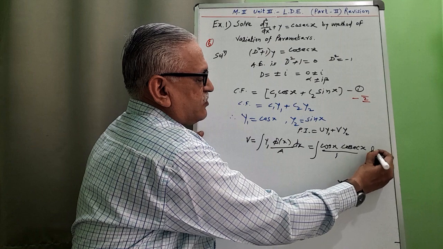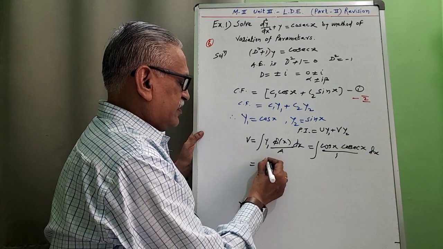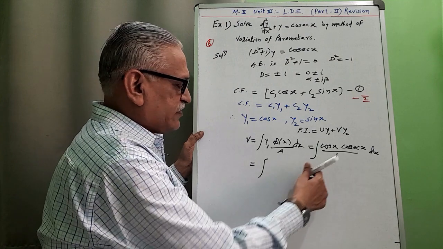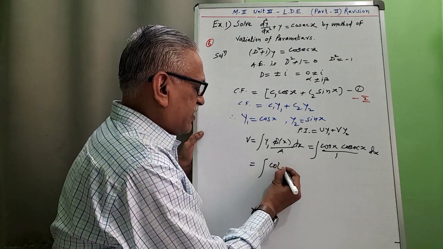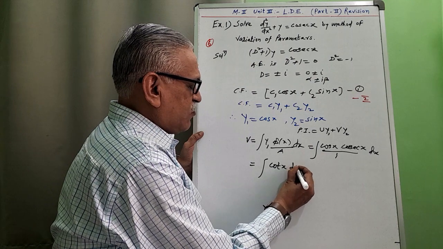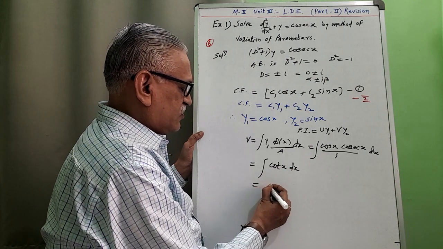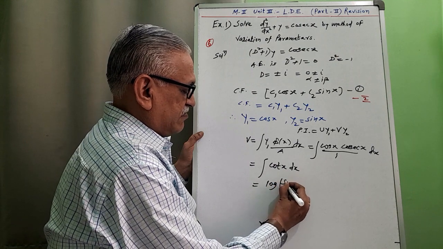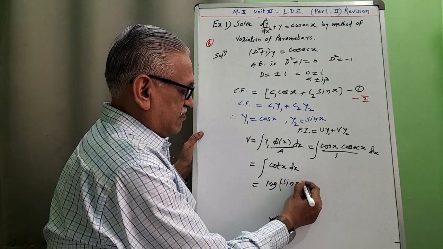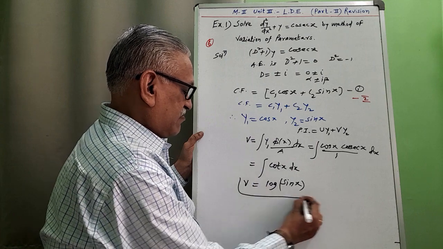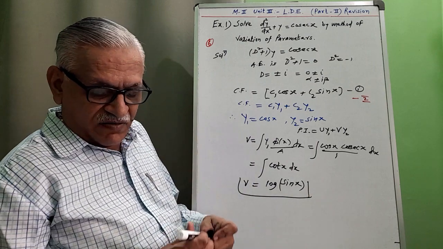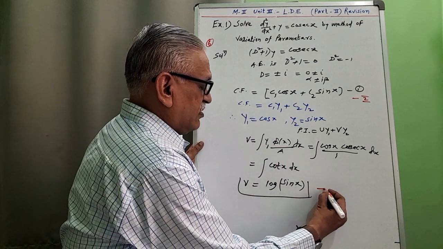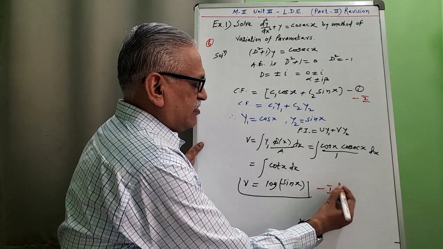Cosec means 1 by sine, therefore cos by sine becomes cot x, and integration of cot x is equal to log of sine x. For this V, another 1 mark.